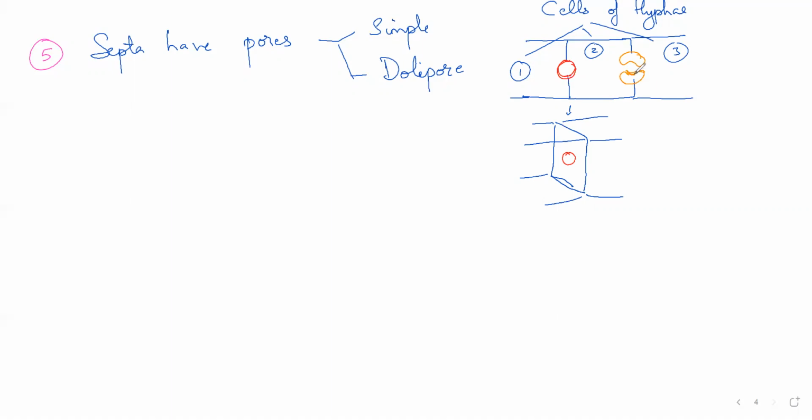Something like this. ठीक है, so this is basically the dolipore or the dolipore septum. अब सेप्टा कैसे हो गए? सिंपल सेप्टा और द डॉलीपोर सेप्टा. जिस तरह के पोर्स हैं उसके हिसाब से हमने नाम दे दिया इनको. ये जो बनाया, ये सेप्टम कैसा होगा? This is simple septum. ये वाला सेप्टम कैसा होगा? इसको हम क्या बोल देंगे? डॉलीपोर सेप्टम.